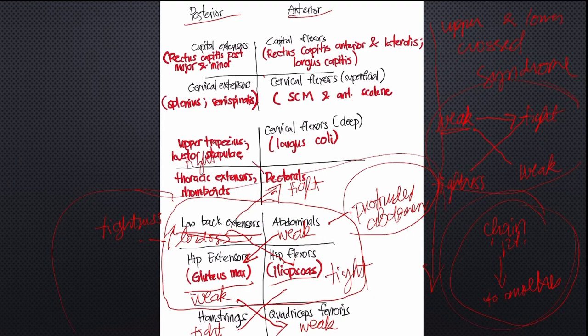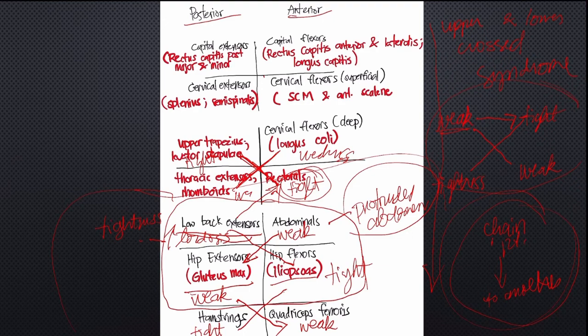It's just that concept: what happens in this region also happens on the opposite and upper. It's tight, tight, and there's also weakness of these muscles. Let's go further upward to your neck, the cervical and then capital region. For the capital region, it's the same.